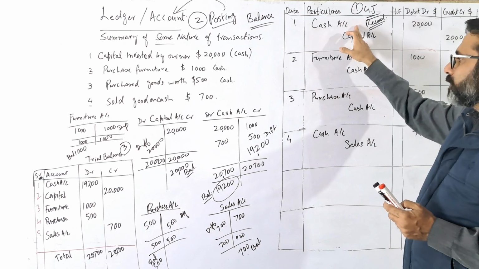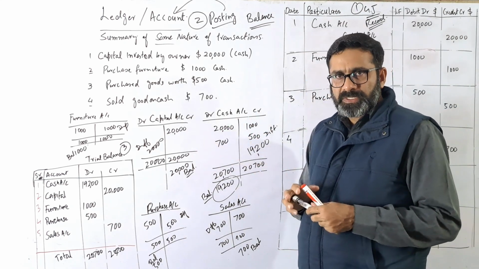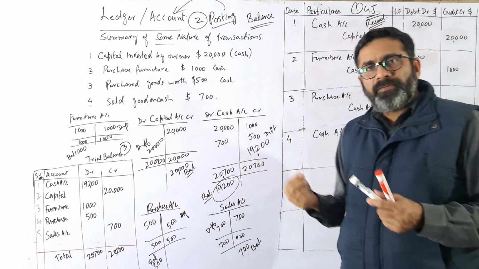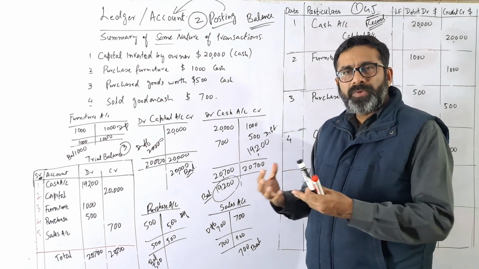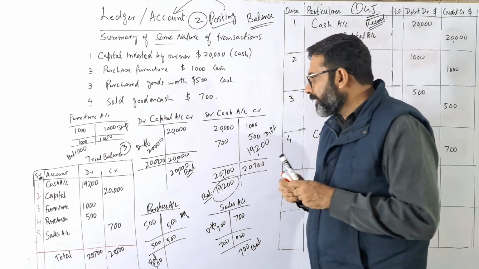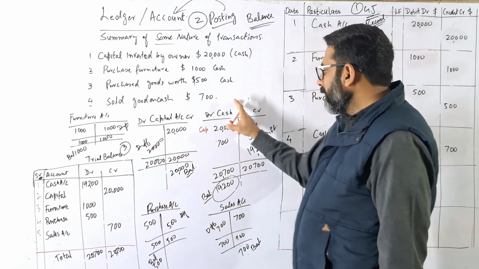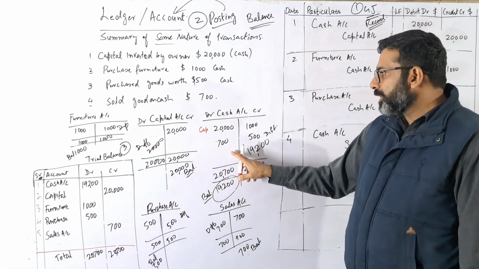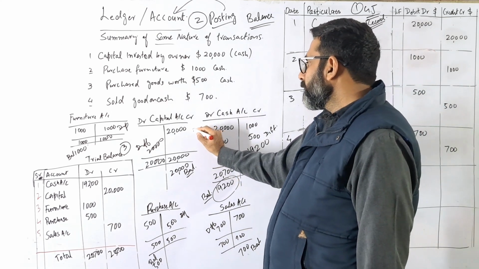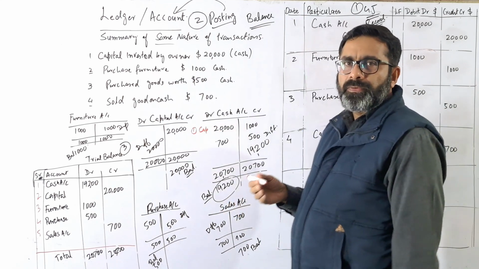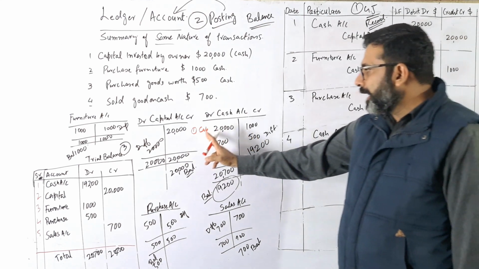For example, for this 20,000 cash on the first, we can write the date as the first. Then, as a reference, we can also write where this cash is coming from. What is the source of this cash? We can write capital. It means this cash of 20,000 is coming from the source of capital. So this is the transaction on the first of the month, a 20,000 balance, and we can add this information.